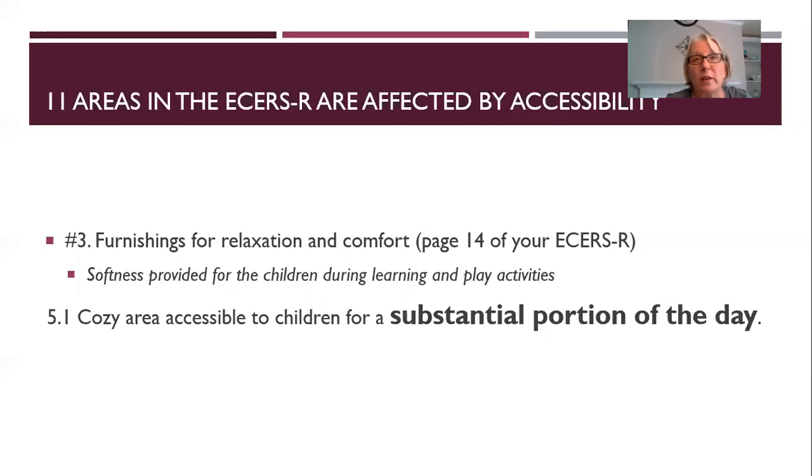So if for some reason they don't have access to the cozy area for that substantial portion of the day, it affects that 5 column. And remember when we talked about you have to score a yes in everything in one column to move on or to even achieve the score in that column. So if you score no under 5.1, that means the highest score under that item would be a 4 or potentially even a 3.